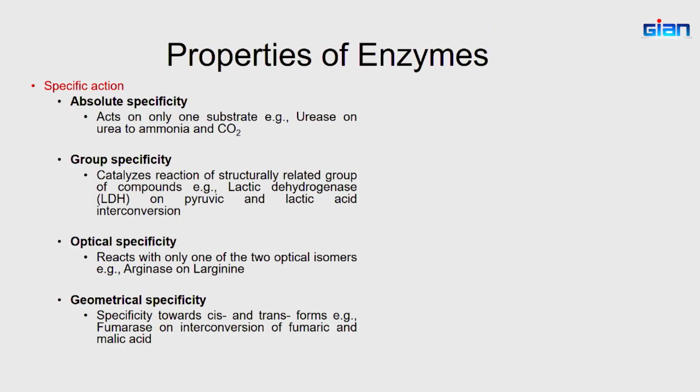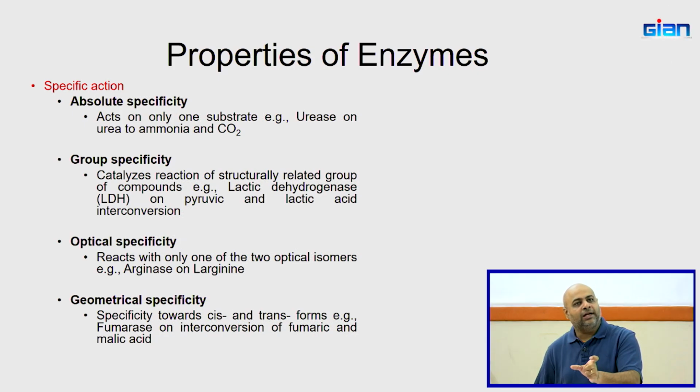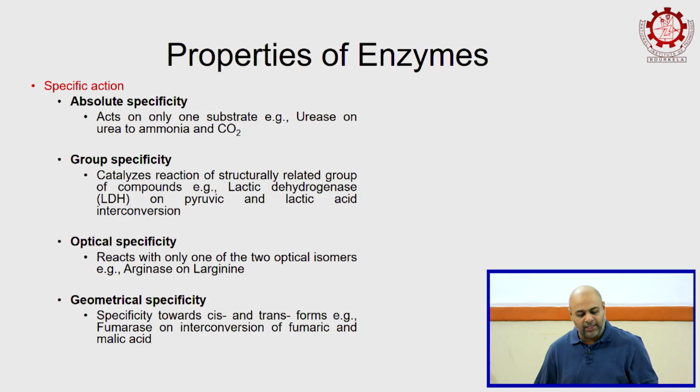Some of the properties of enzymes which are of importance for us would be their absolute specificity. If some enzymes have a specificity to a specific substrate, we would like to maintain that, or we would like to develop that type of specificity in our engineered enzyme for that specific substrate, so that we can get the product that we want at the very end.